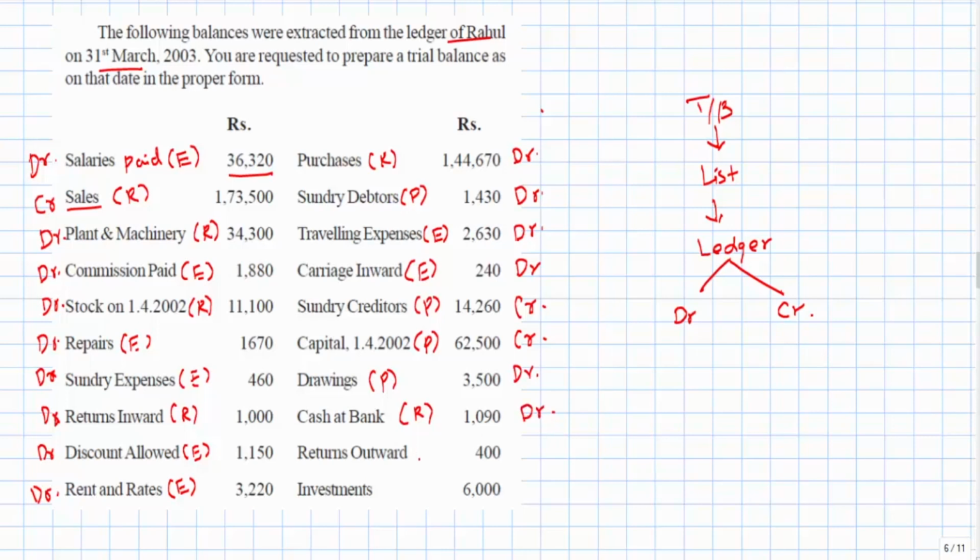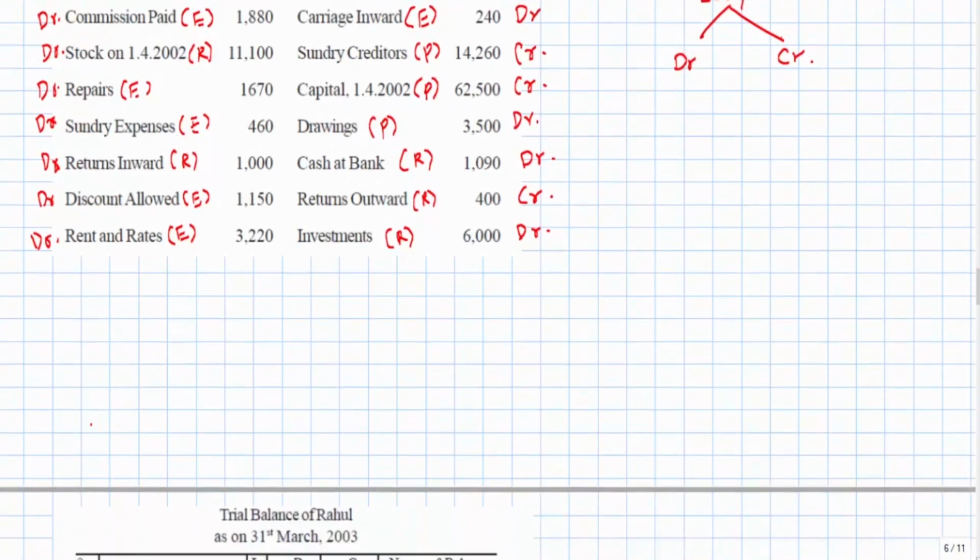Then you have return outward, which means goods are going out, so it's a real account item, debit what comes in, credit what goes out, so it should have credit balance. Then you have investments, a real account item, and it should have debit balance.